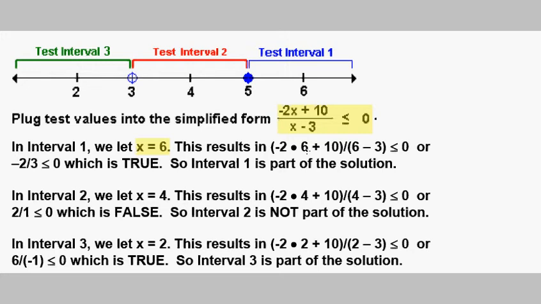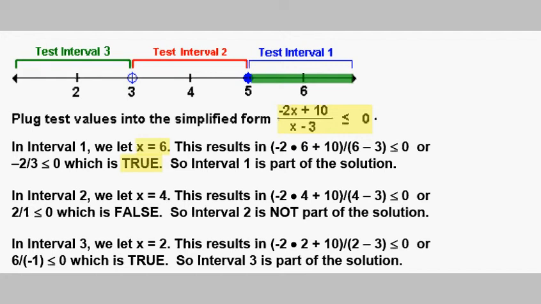That gives us a negative over a positive, a negative 2 over a positive 3, which is less than or equal to 0. So that's true. Since it's true, we can shade interval 1. And that endpoint, or that critical value, will be included with our solution.